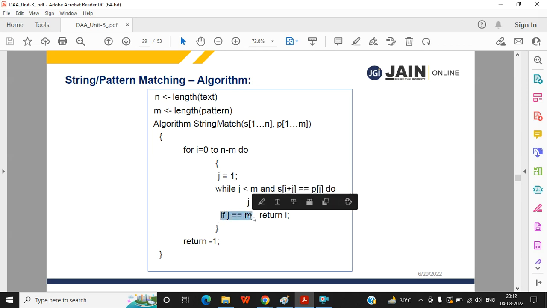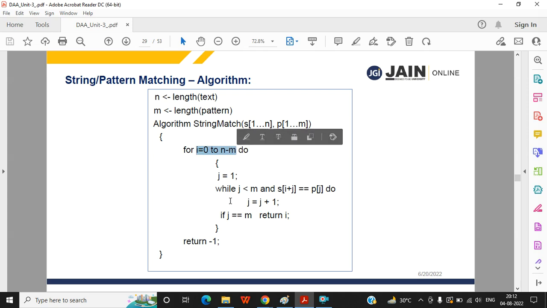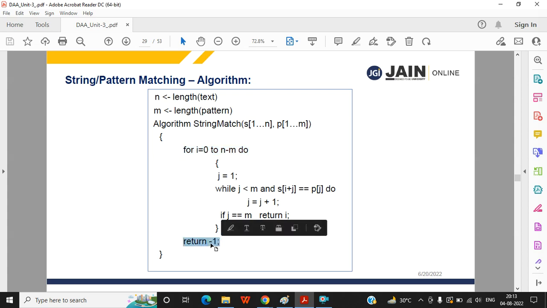So if there is no match found, then this return statement will never occur. If this statement never occurs, then this for loop will end at one time. After the for loop stops iterating or exits, then what will we have here? We have -1, return -1.